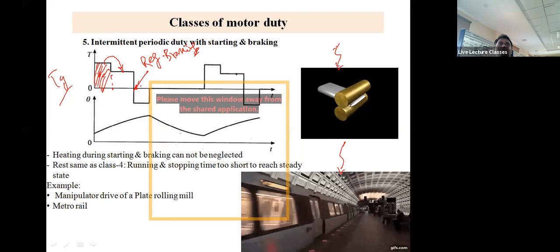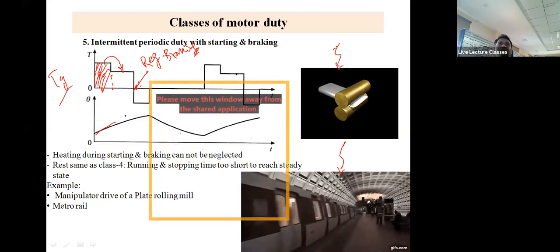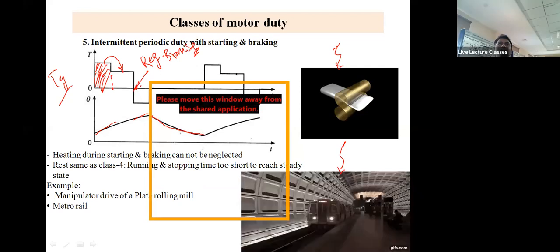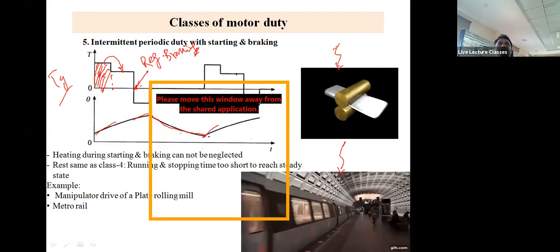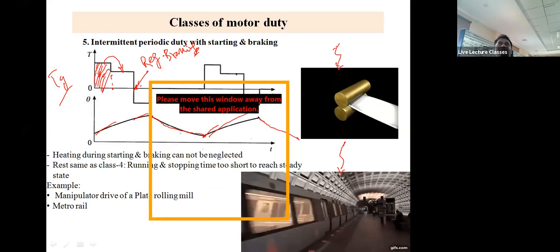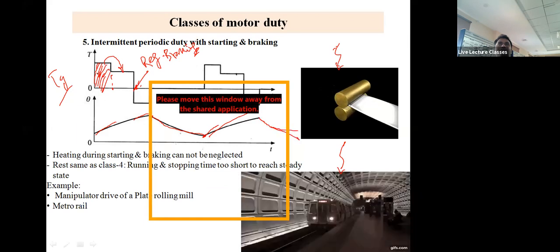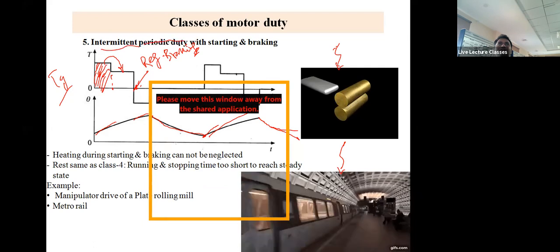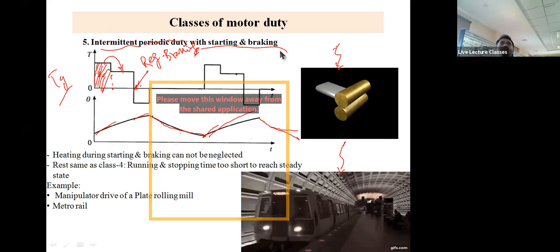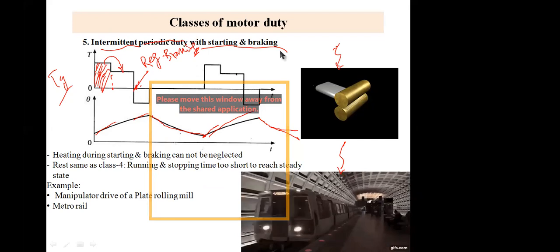So it will first increase and then the temperature will keep on decreasing. Again at this point, the train will start and it will again keep on decreasing for the rest of the time. So this is called intermittent periodic duty with starting and braking, right? So is it okay? Yes, sir.